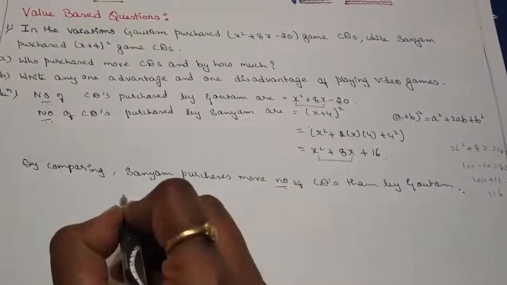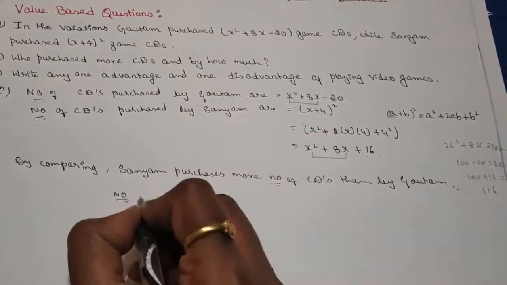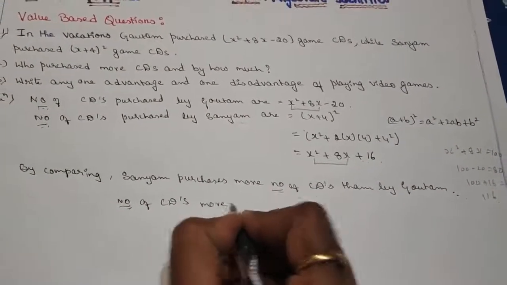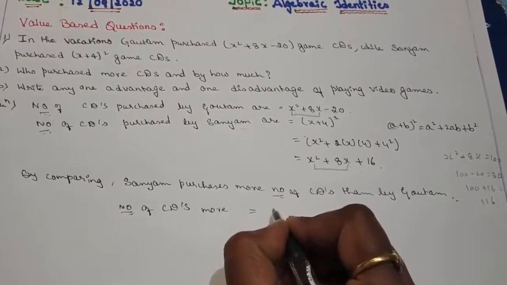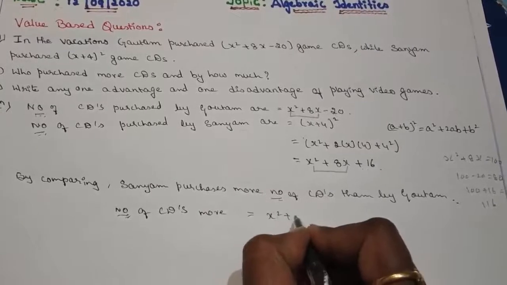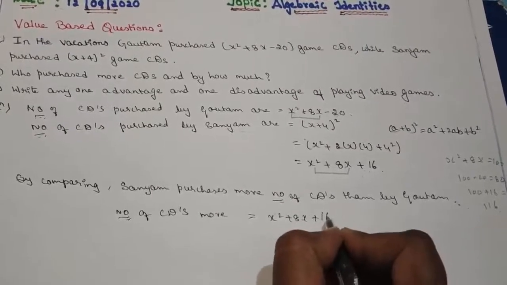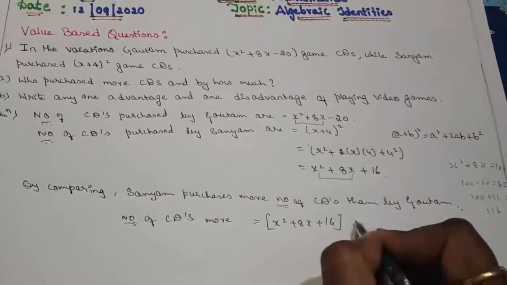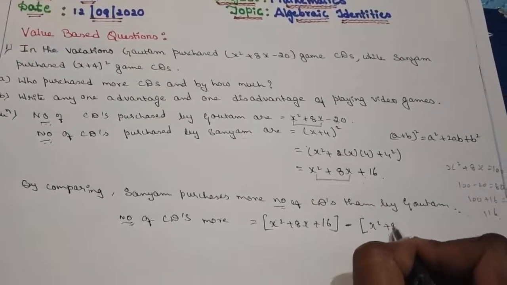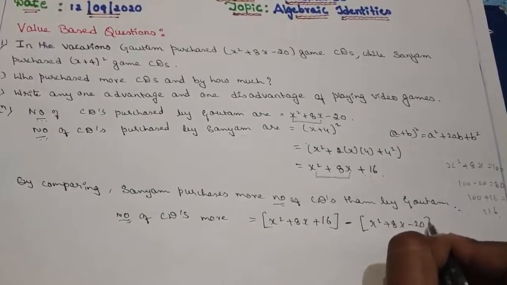So number of CDs more equals the purchase of Sanyam, x square plus 8x plus 16, because we know that this is more compared to Gautam's number, minus Gautam's x square plus 8x minus 20.